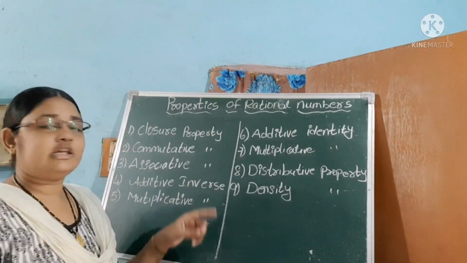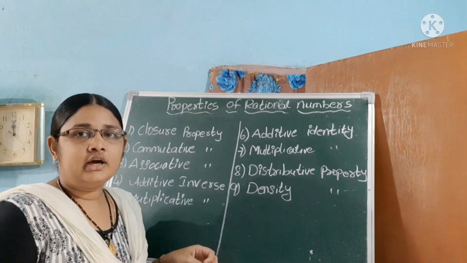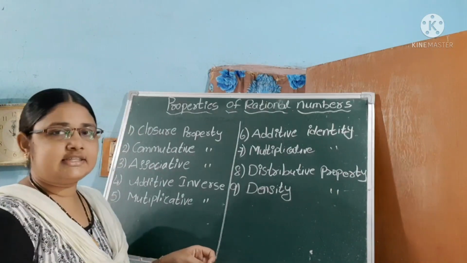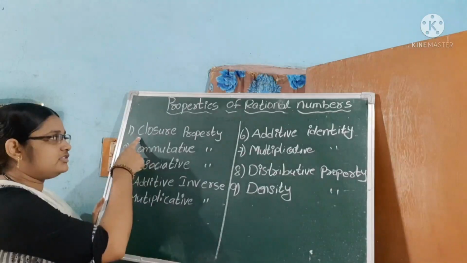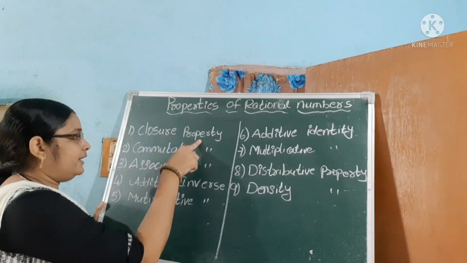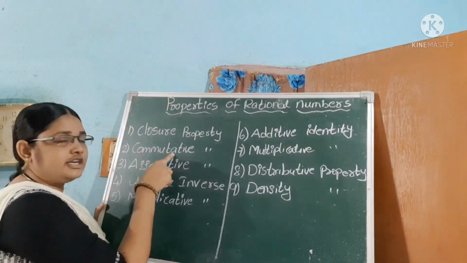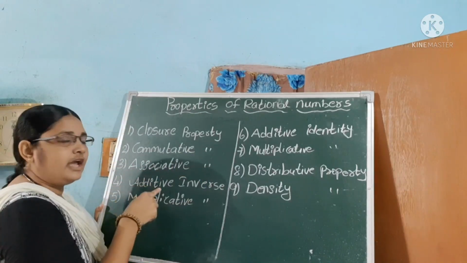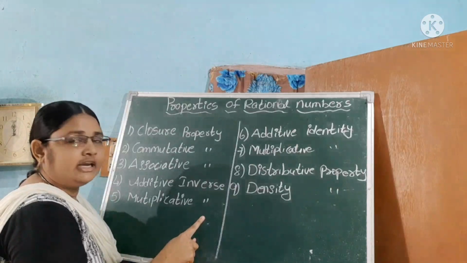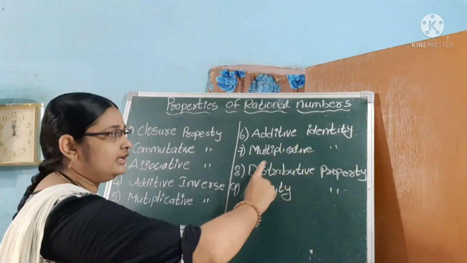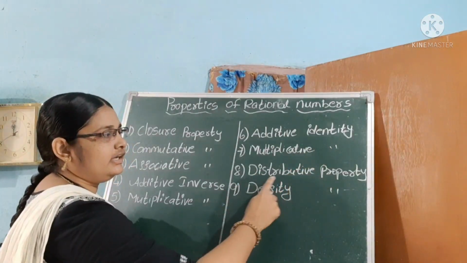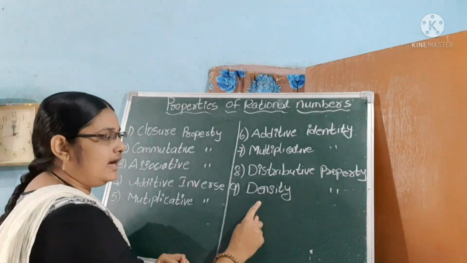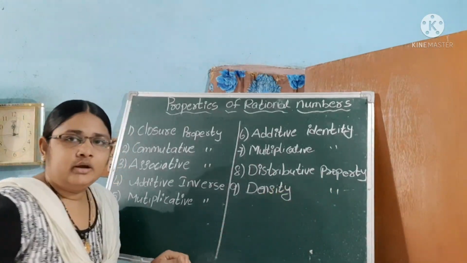These are the properties involved in rational numbers. First one is closure property. Second one is commutative property. Third one, associative property, additive inverse, multiplicative inverse, additive identity, multiplicative identity, distributive property, and the last one is density property.